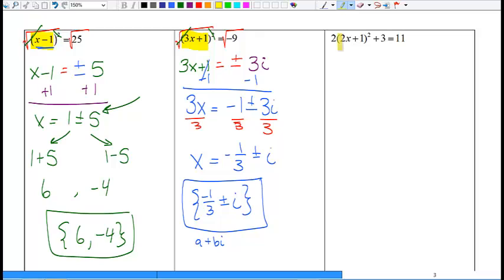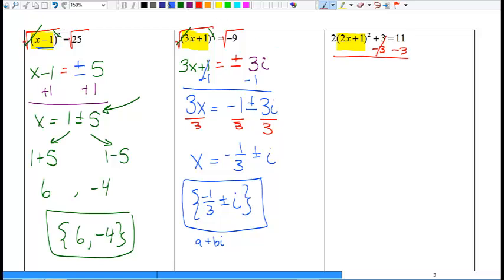On our third problem, we have this expression being squared, but we have these other things around it. So it's not quite all by itself, but it is an expression squared. So the plus 3 has to go, and then the multiply by 2 out in front has to go. So I'm going to take a couple steps to set it equal to just a number.